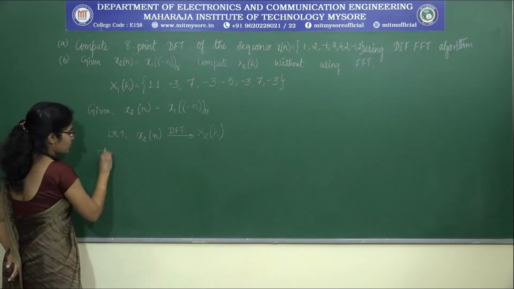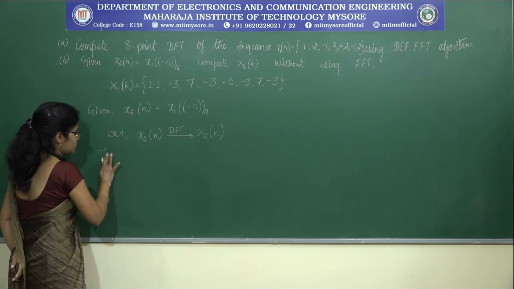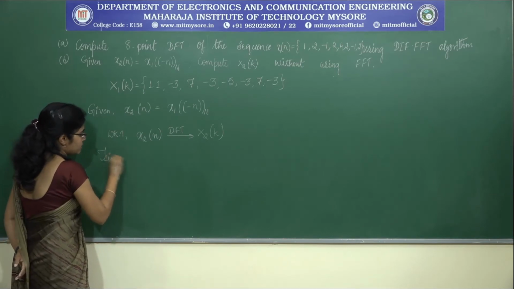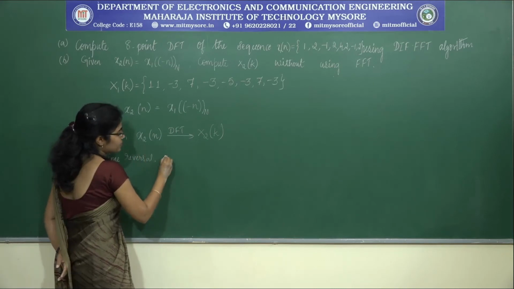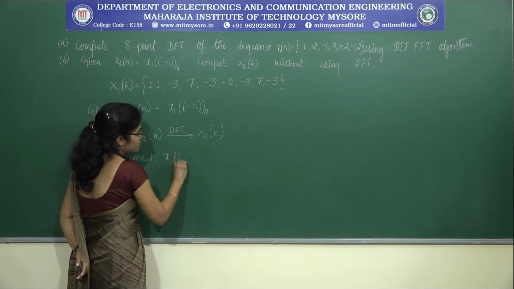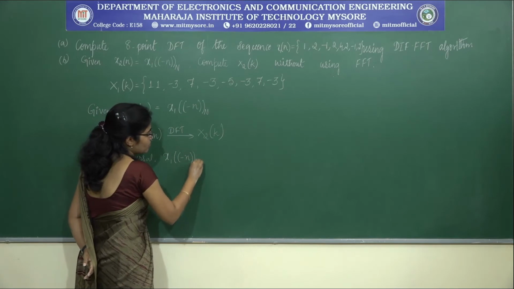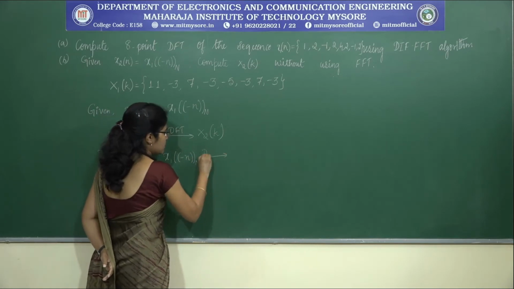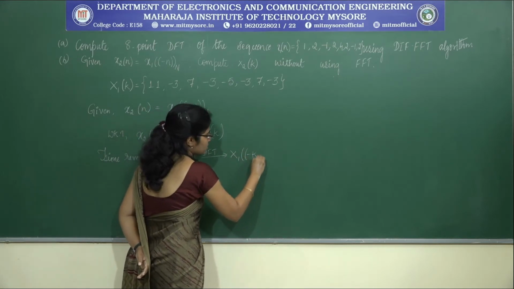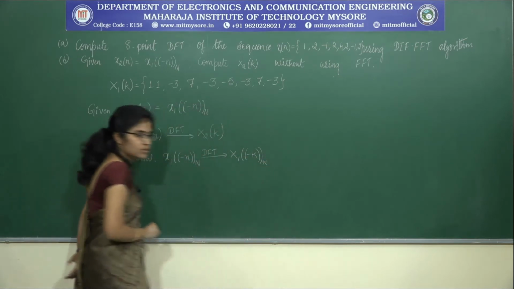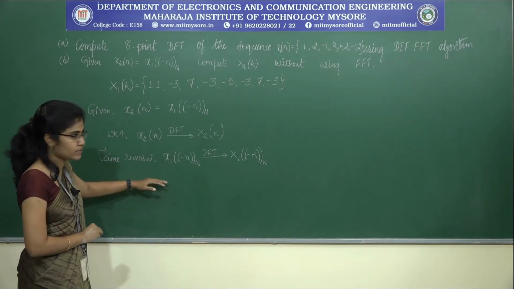From the time reversal property, or we call it the reflection property, we know the DFT of x1 of minus n of n is nothing but equal to x1 of minus k of n. So which we have already proved and which we have studied.